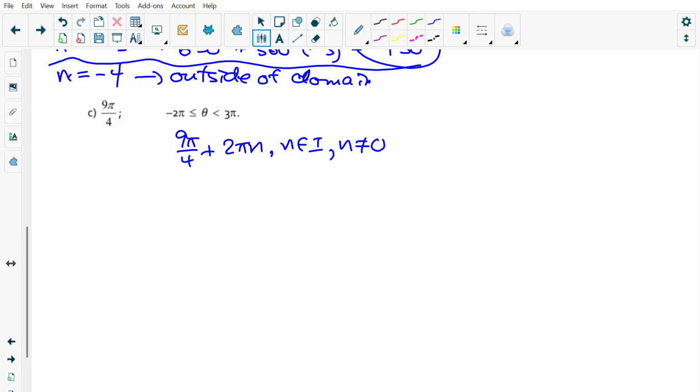N does not equal 0. Okay. Let's do this, folks. This one, let's change this to a fraction with a denominator of 4. That's like saying negative 8 pi over 4. 12 pi over 4. Okay.